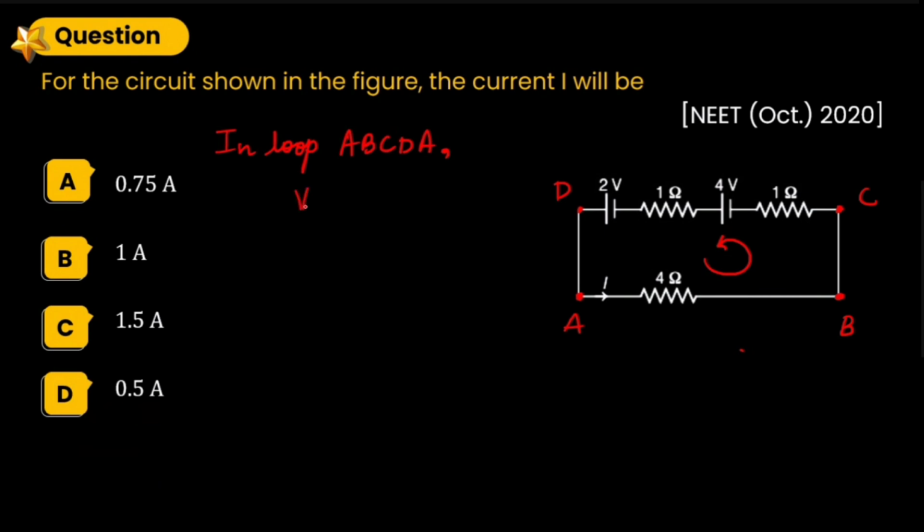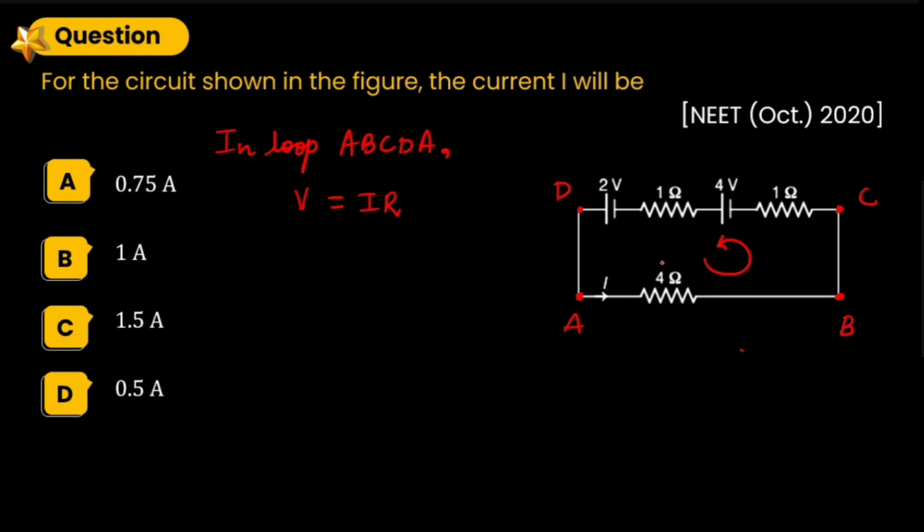So remember, whenever we are writing a Kirchhoff's law equation, that is KCL or KVL, we are actually using Ohm's law only. How we are supposed to write the equation is the important thing. Let's try to understand it.